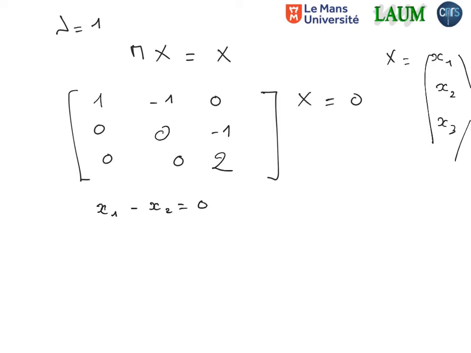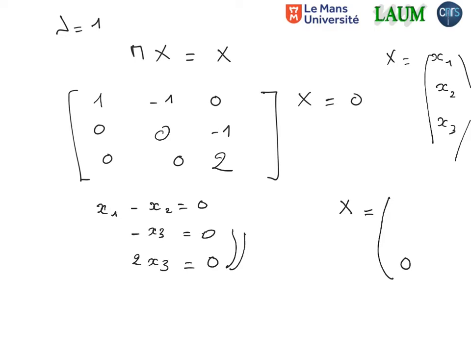The second equation is minus x3 equal 0. And the last one is 2x3 equal 0. From these two equations, we see that x3 is equal to 0. So for my vector x, the last coordinate is 0. We can see that these two equations are in fact the same. So among the three equations that I have, only two are necessary.